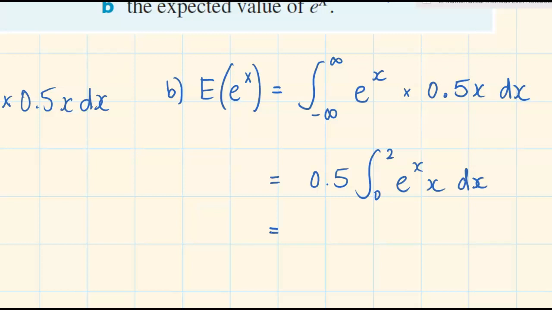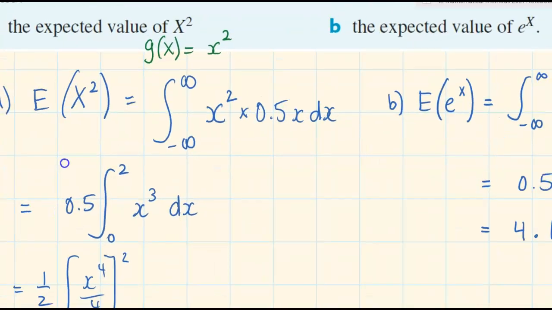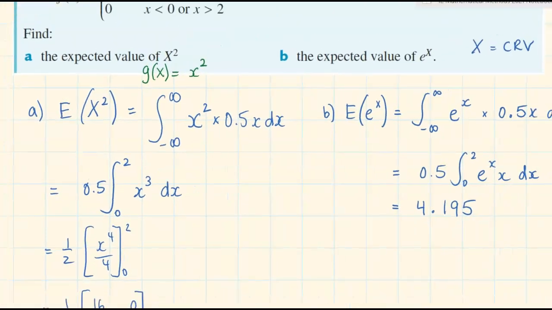Thank you, 4.195. Perfect. Okay, this one, part a, is super, super important. Make sure you've got your head around a because you're not going to be able to do variance unless you can do a. So a is really important, but b is not too hard either.